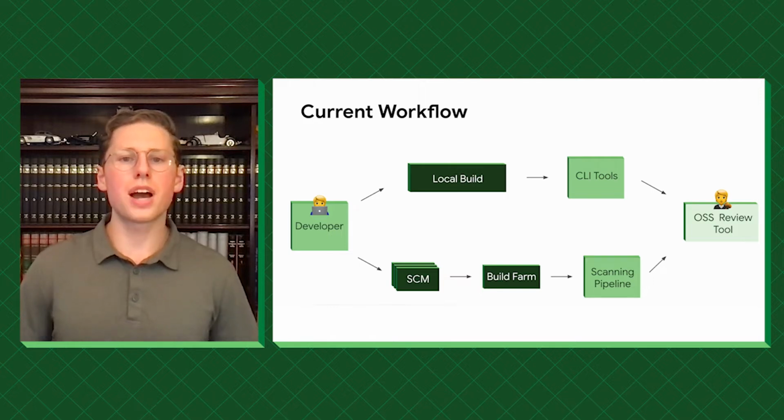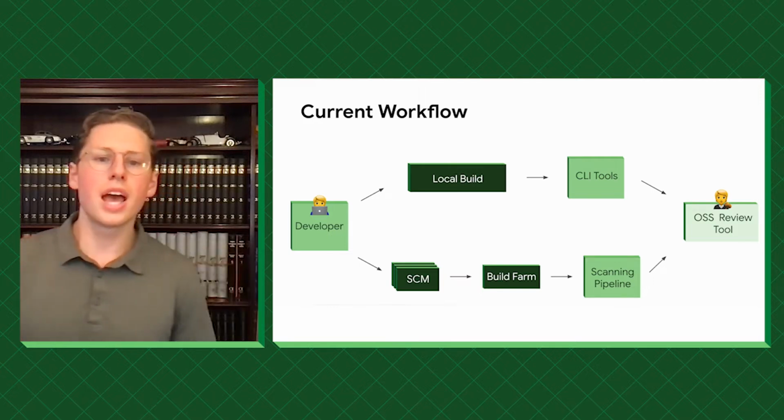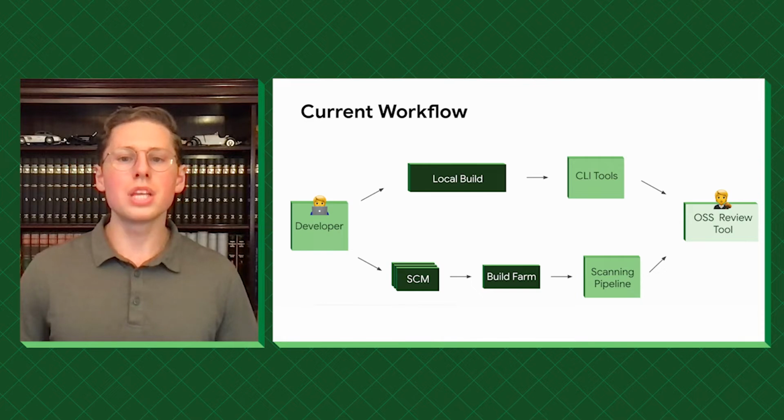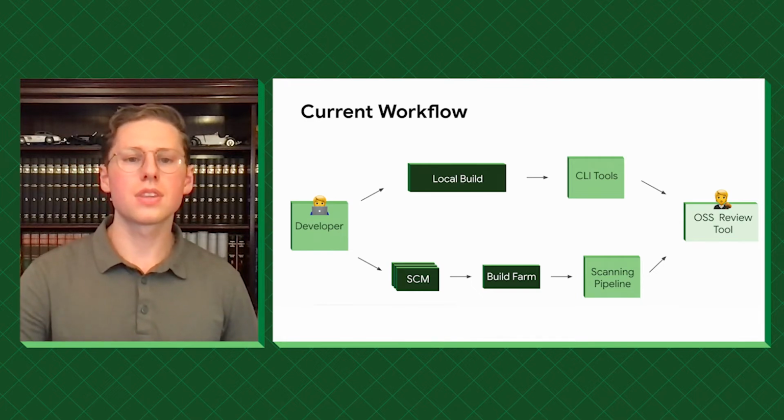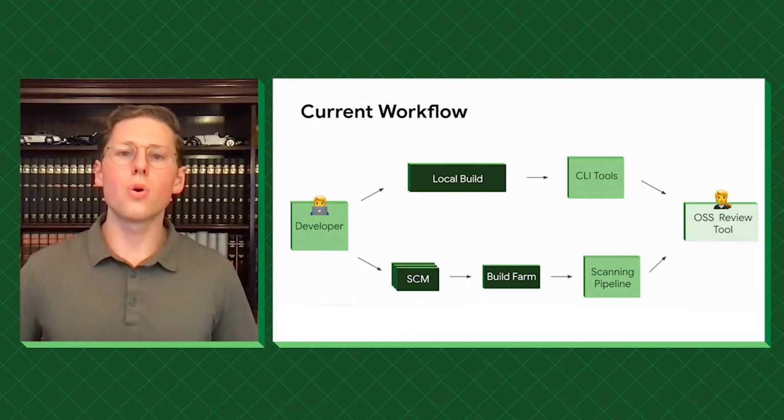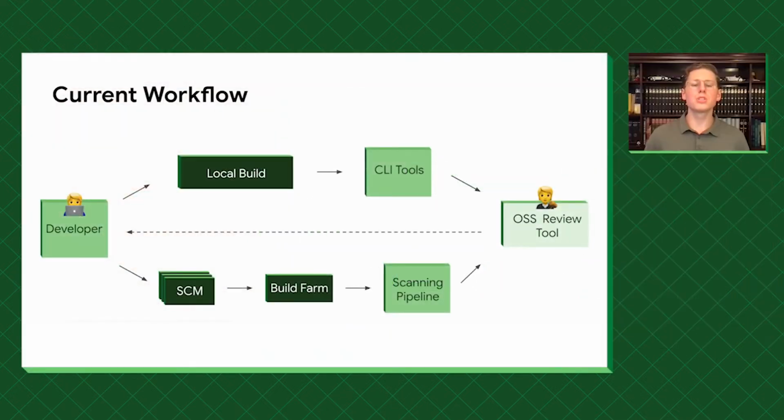The latest build artifacts are scanned for open source software, and tickets are created for any newly added packages. After tickets are filed to the OSS review tool, people from the legal and security team review the packages asynchronously. If any package is found denied for use, developers are notified and the package must be removed.